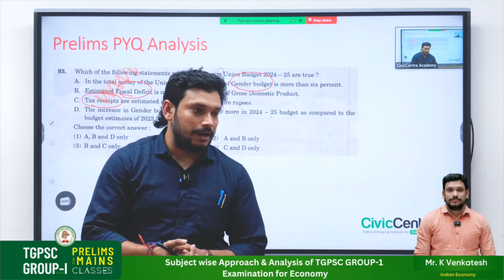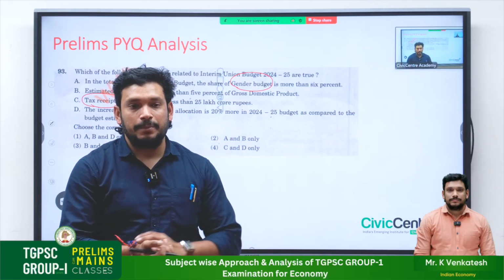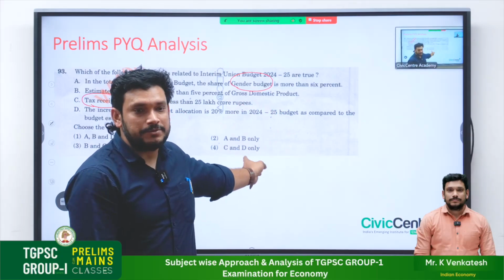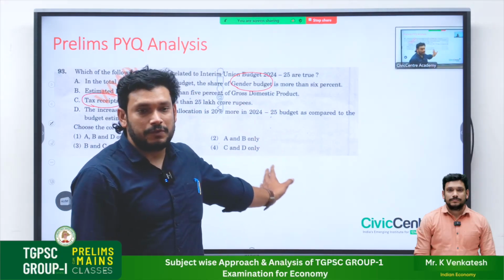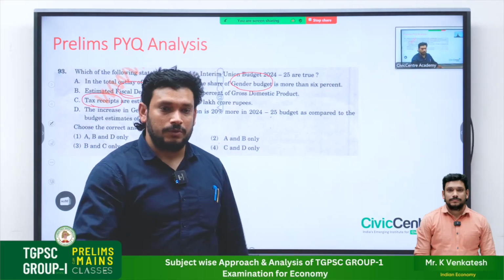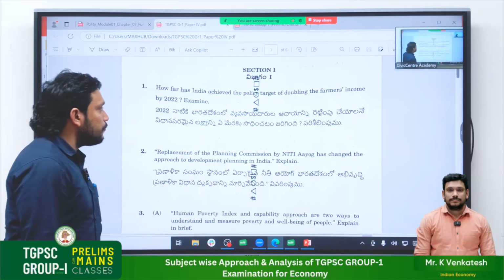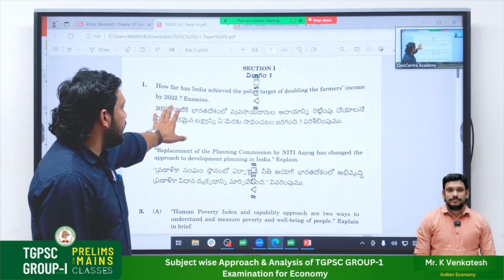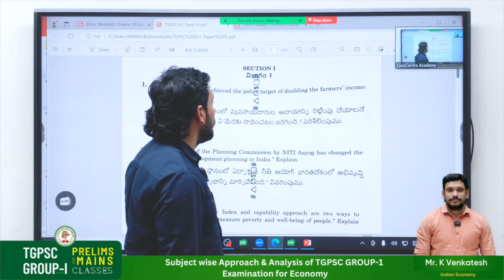From the Group 2 perspective, you will be studying the prelims for Group 1 and Group 2 at a time, right? So these MCQs will be useful for Group 1 and Group 2. From the mains perspective, how will they be asking? The first question: how far has India achieved the policy target of doubling farmers' income by 2022?